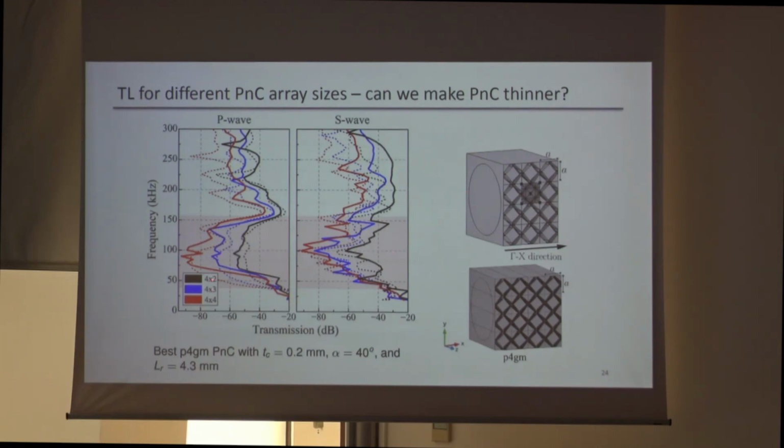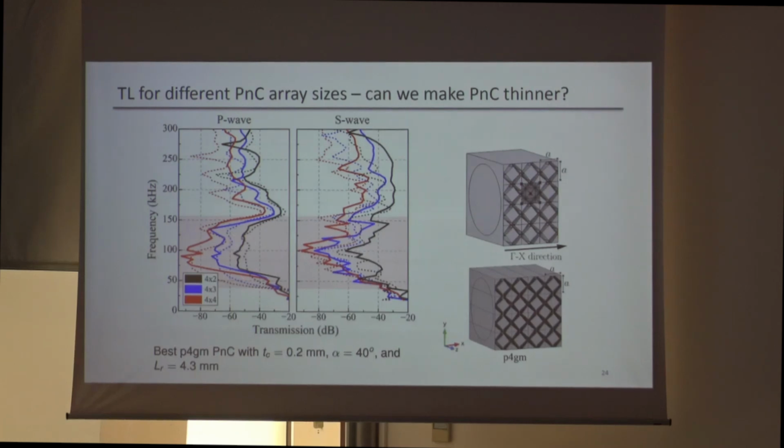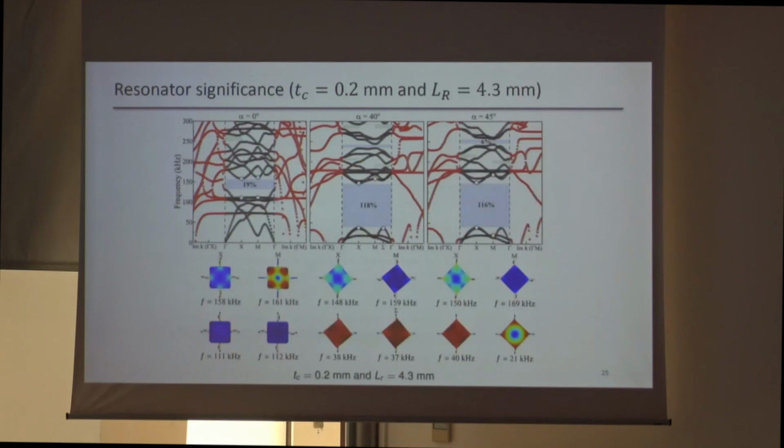So we decided to check the transmission loss for the different number of arrays, and we saw that for the peak frequency we lose like 20 dBs with removal of each layer. But we found that 3 cells in the direction of propagation actually give us more than 60 dB attenuation, which is quite good. So 3 cells is usually enough.